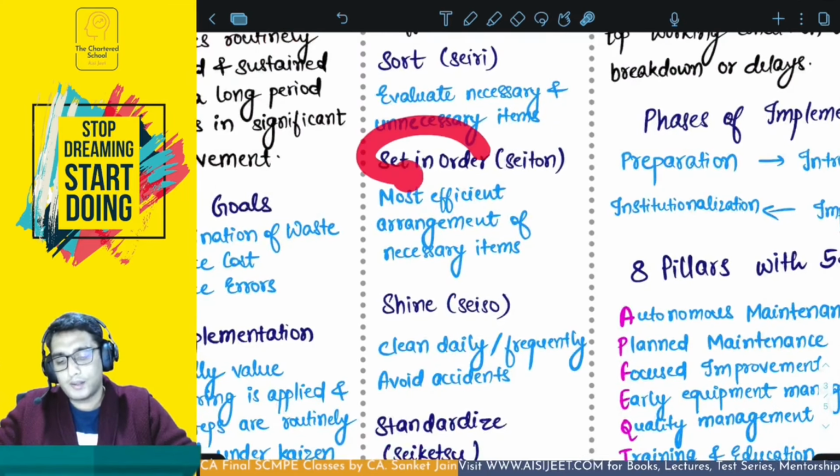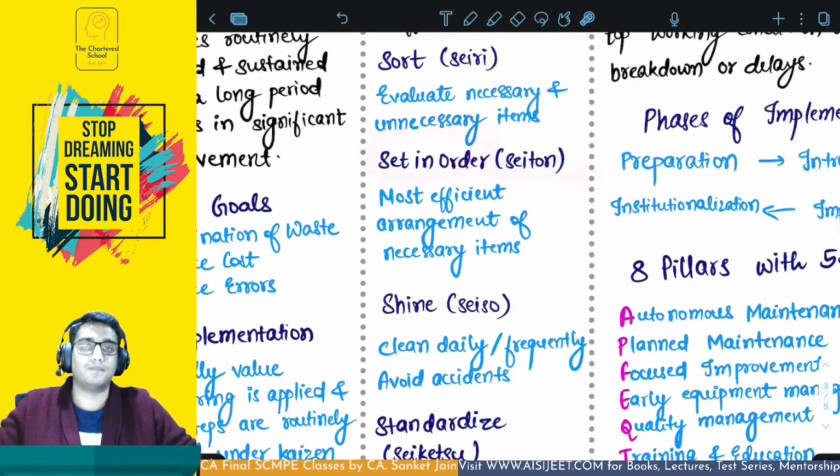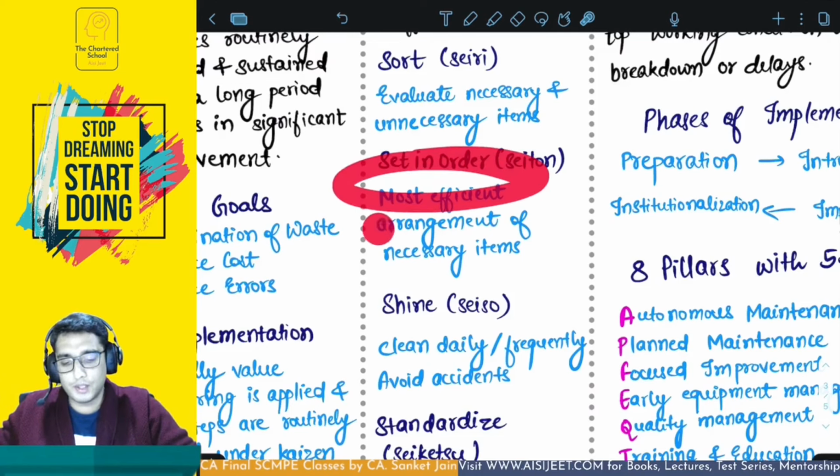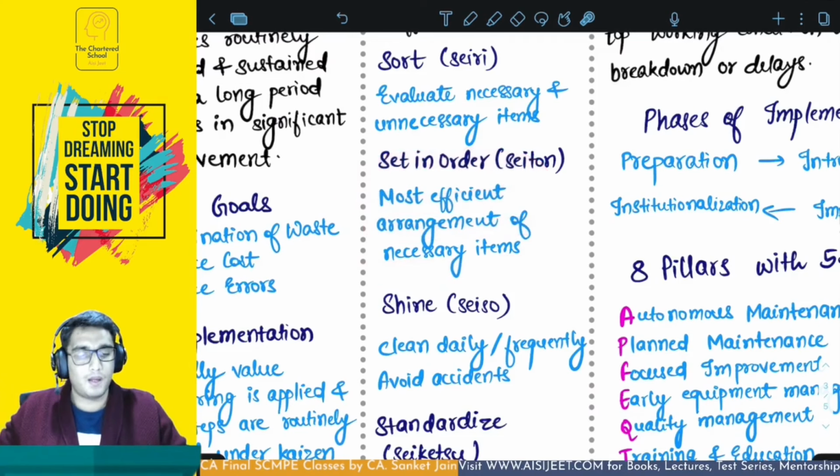Next is setting in order. The Japanese name for it is seiton. Once we have sorted everything out, we now arrange it in a proper place. So we are trying to achieve the most efficient arrangement of the necessary items. What is required more should be kept nearer to where I work, right? For example, if I require this software which helps me to record videos very frequently, which means that I use it every day, then it should be on my desktop rather than in some folder, right?